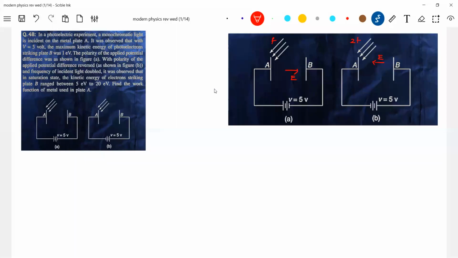The electron will have kinetic energy K naught, or K at A, and by the time it strikes it will have kinetic energy at B. So what this field will do is retard it, no?